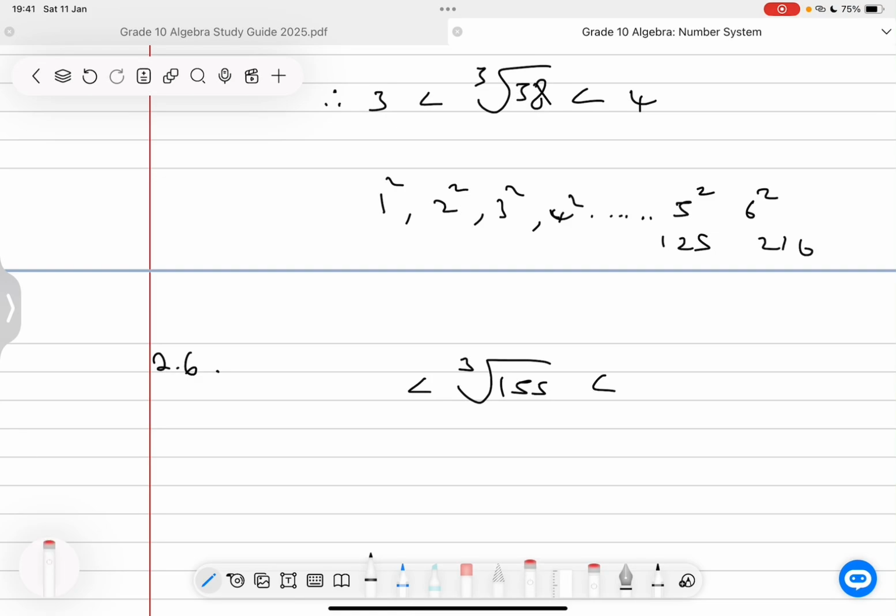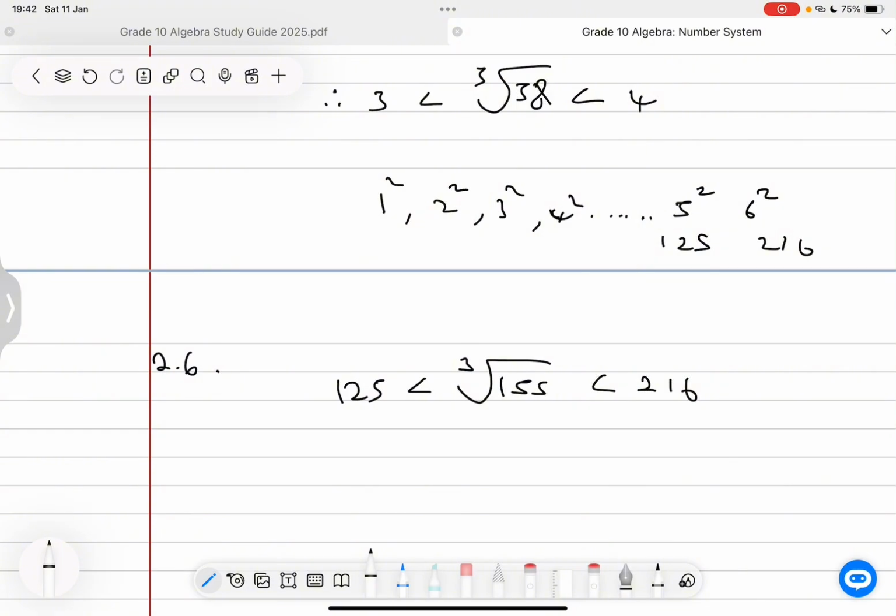And you can clearly see that 155 is in between. So the perfect cube that is less than 155 and close to 155 is 125, and the bigger one is 216.